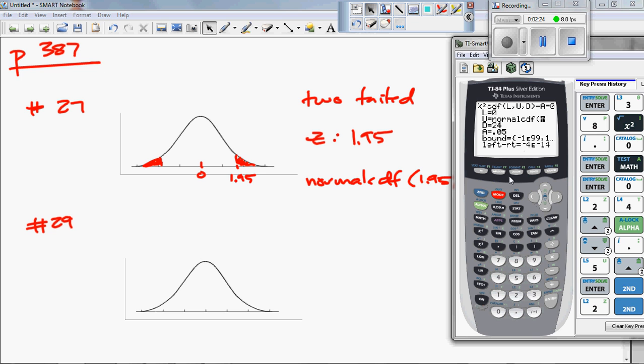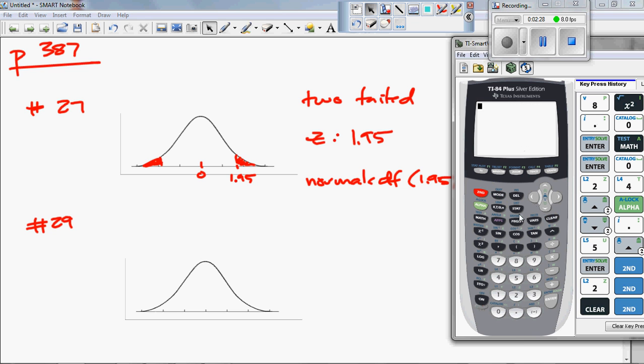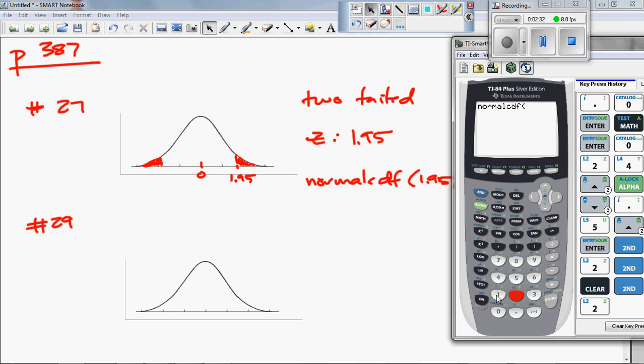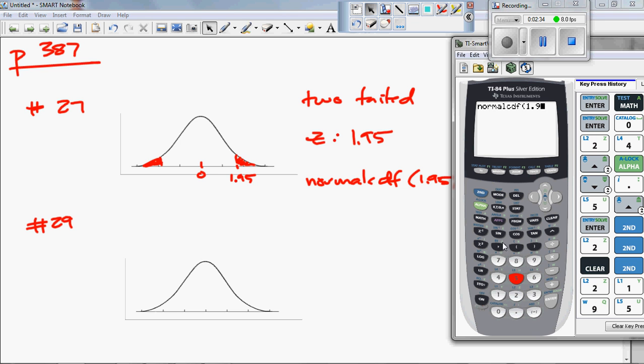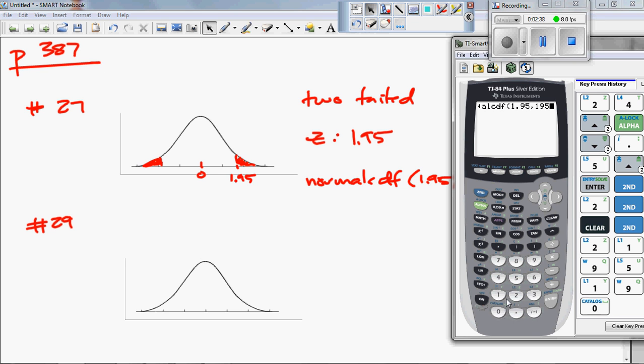Now, let's quit out of here. Clear. Second, vars, normal CDF. So 1.95 is the left boundary, comma, 1950 is the right boundary, and this area right here is 0.0256.